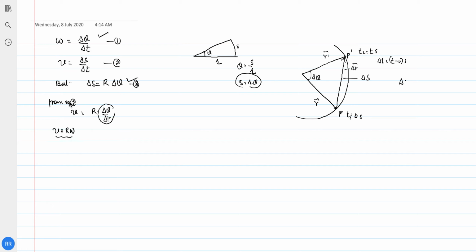So you can now express the centripetal acceleration in this form. Centripetal acceleration will now be v square upon r. So v is now r omega, whole square, divided by r. So this is equal to r square omega square over r, which is omega square r. This is another way to write the centripetal acceleration.